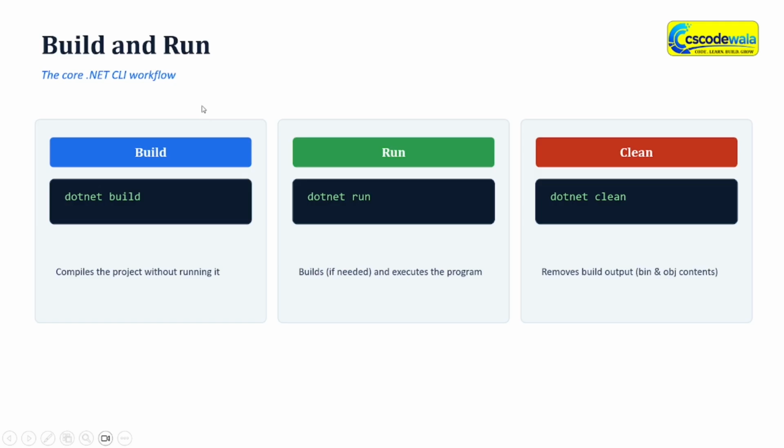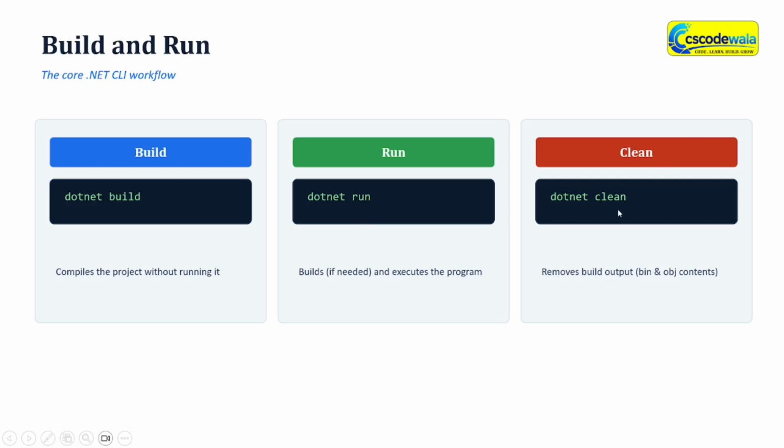Now build and run. Use dotnet build, dotnet run, and dotnet clean in the CLI. Basically these are your CLI workflow. If you want to build the application, you use dotnet build. If you want to run the application, you use dotnet run.